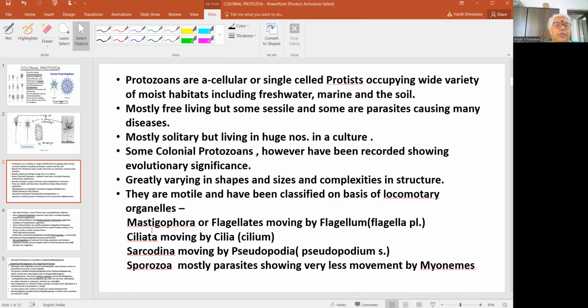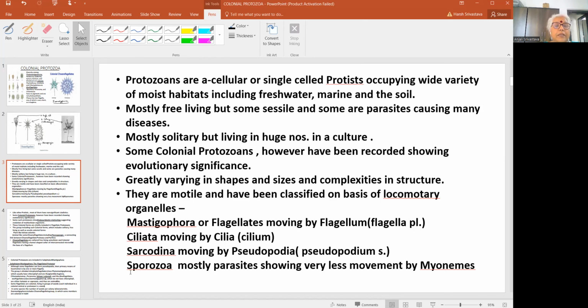very generally have been classified into four major classes or subphyla. Some of the taxonomists consider them as subphyla. First is the Mastigophora or the Flagellata, where the organ of movement is flagellum, the plural is flagella. Then Ciliata, the movement by cilia, the singular is cilium, and Sarcodina, moving with the help of pseudopodia, the singular is pseudopodium.